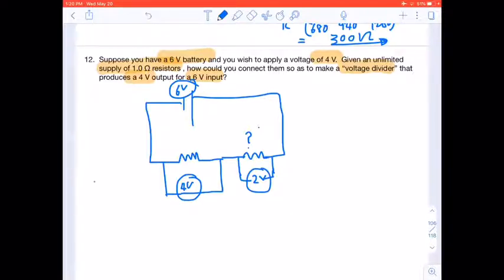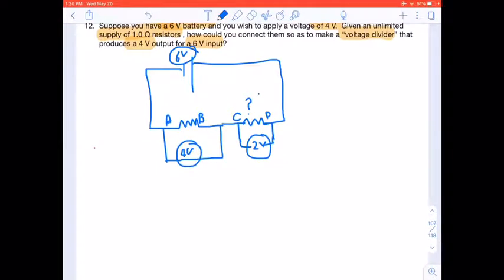So let's maybe call this AB and let's call that CD, okay? If we look at this here now, we can say that the voltage of the battery is equal to voltage across AB plus voltage across CD.